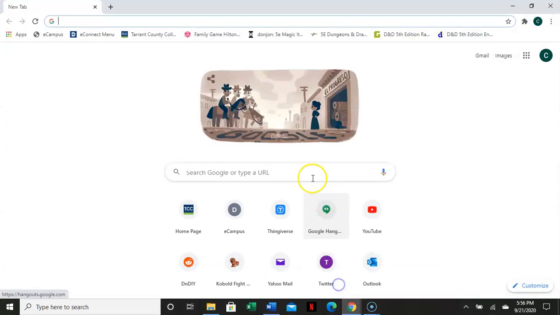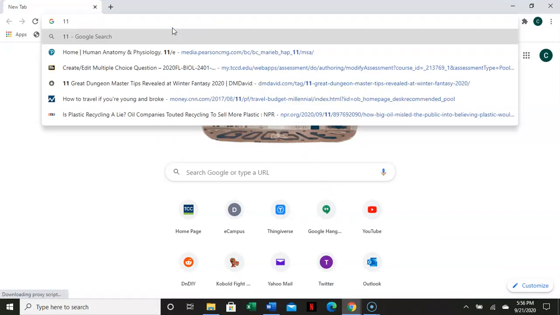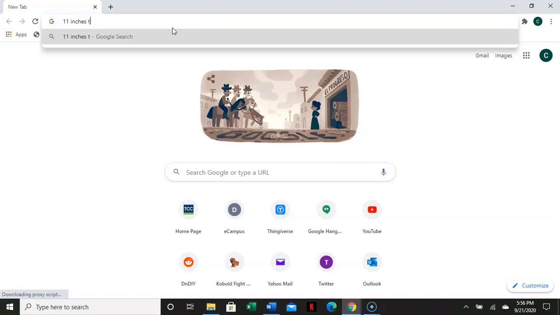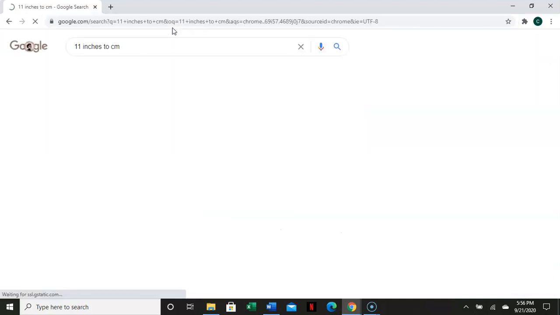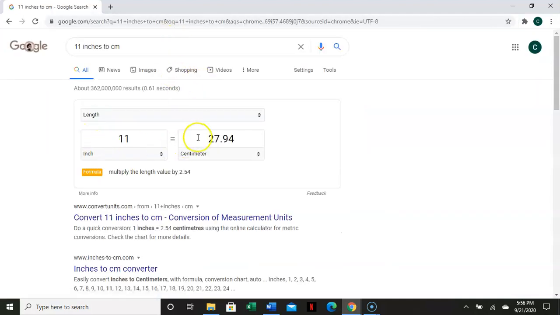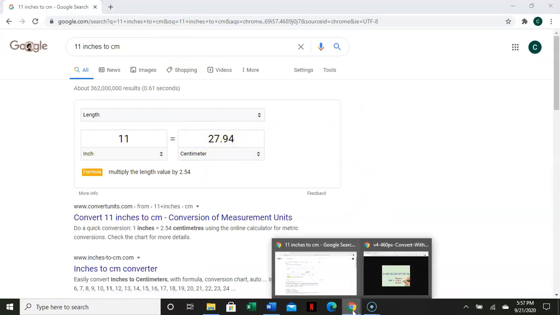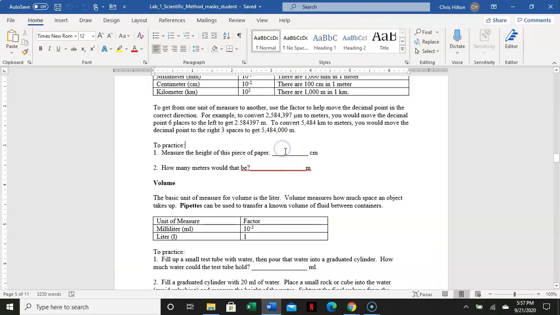I think to convert, let's do the 11 inches. I think it's multiplied by 2.54. So we'll round that to 28 centimeters. So we'll put that here for a measurement.